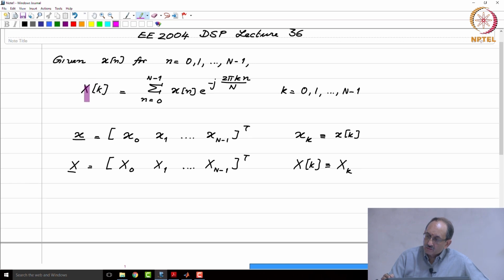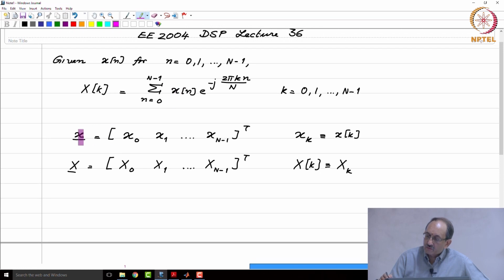Remember, for the kth bin index, the DFT is given by this, and this can be thought of as an inner product of two vectors.